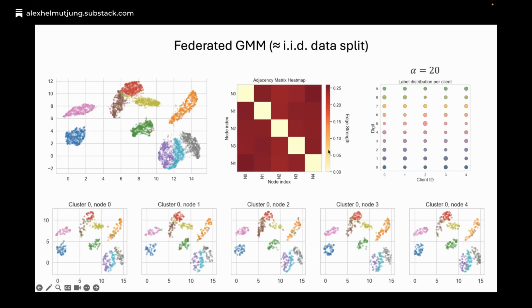And then the adjacency matrix is also built in a way that takes into account how the number of data points for a digit is similarly split between different nodes. Because these nodes are very similar, we can see that this adjacency matrix is very uniform. So it's a sort of equivalent of a fully connected graph.